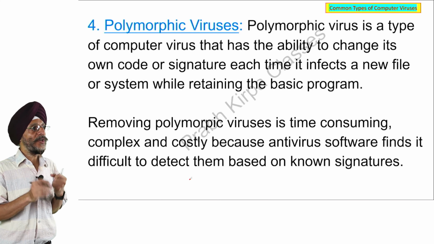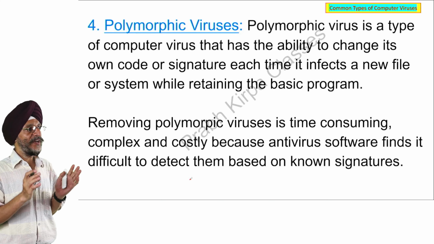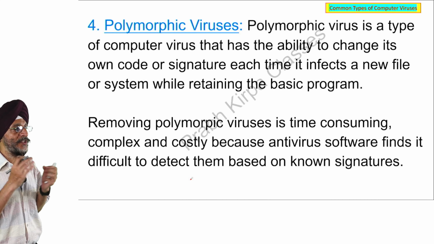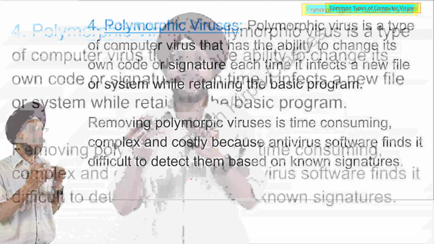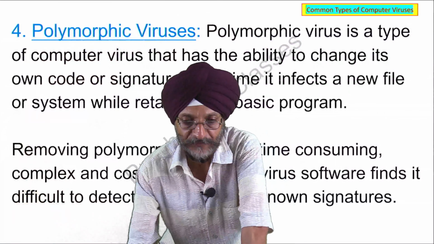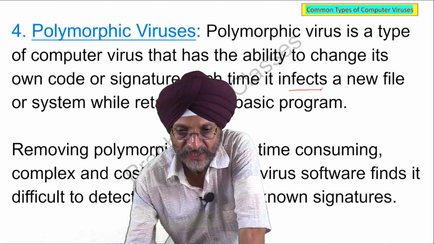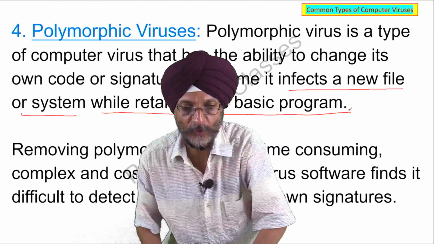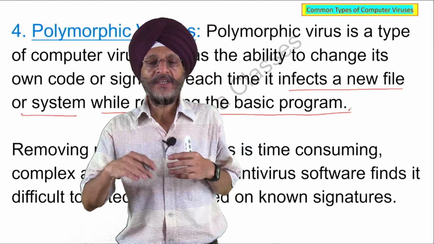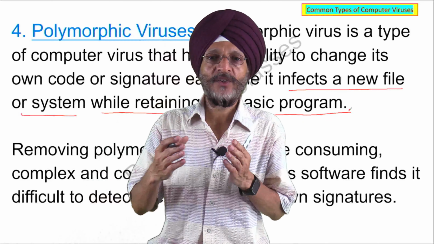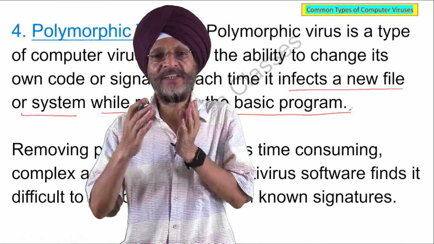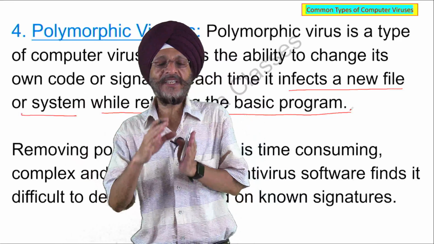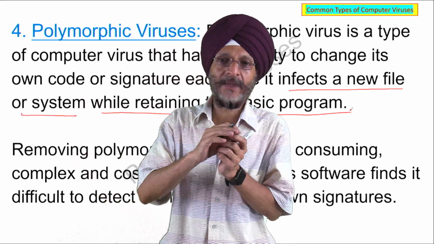Next is polymorphic viruses. This virus is a type of computer virus that has the ability to change its own code or signature each time it infects a new file or system while retaining the basic program. It means that it goes on changing itself so as to avoid its detection by the antivirus software, while the basic nature of the virus remains the same.